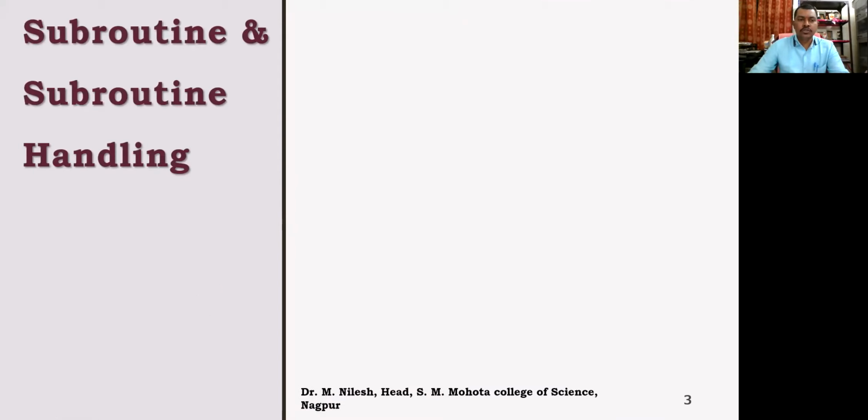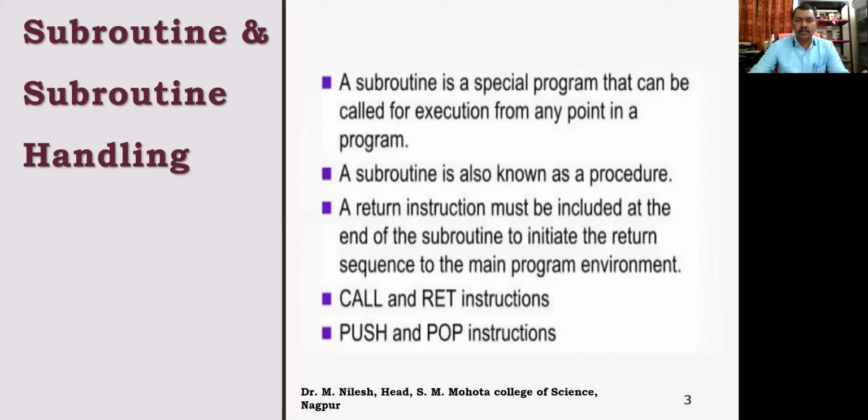So this is the program that we are expecting to do today. We know subroutine and how the subroutine is handled. Just for repetition, a subroutine is a special program written outside the main program, and in the main program we can call that subroutine. To decrease the number of lines or memory locations, we use the subroutine, which we may call in the main program many a times, right?